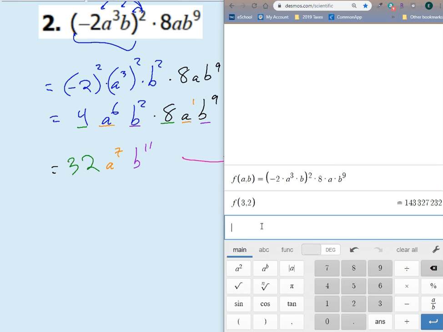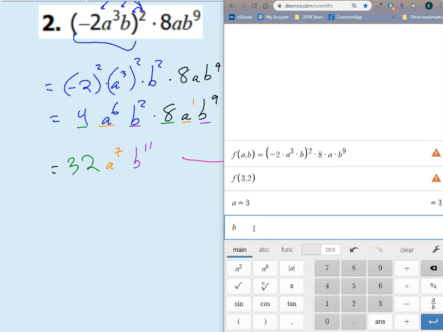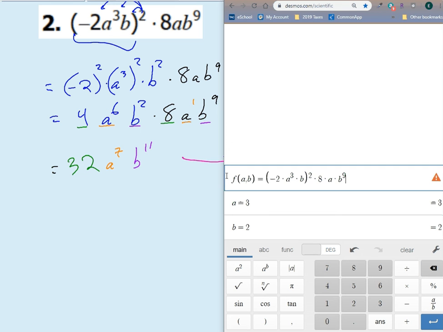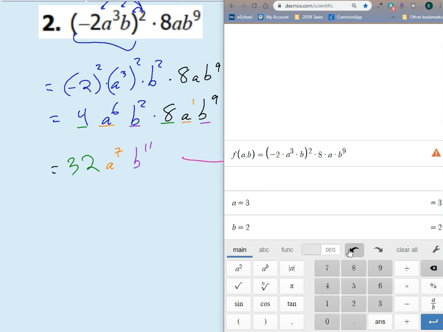Oh, maybe you can. So A equals 3, B equals 2. No, it doesn't do it. Don't you have to do it with the F? Oh, yeah. Still doesn't do it. So it has to be in function form? Yeah, it has to be like that.